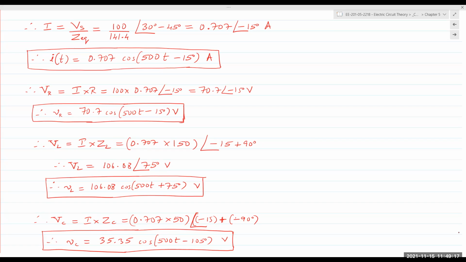What happens is, in an inductor, in a positive half cycle, energy flows in. In a capacitor, in the positive half cycle, the energy actually flows out. In the negative cycle, the exact opposite happens. In the negative cycle of the voltage, the energy flows out of the inductor and into the capacitor.